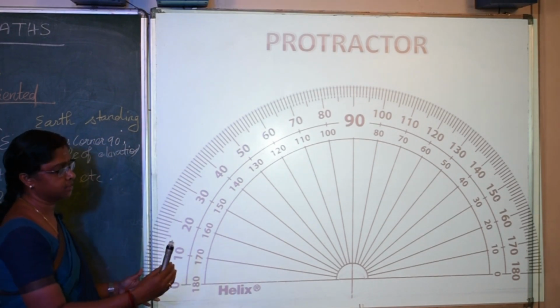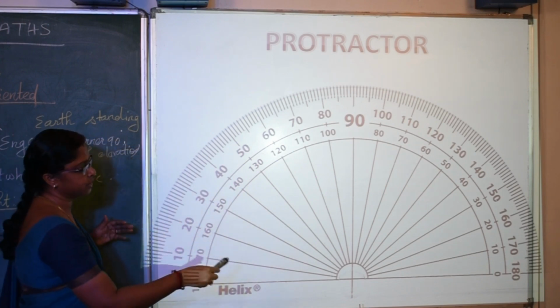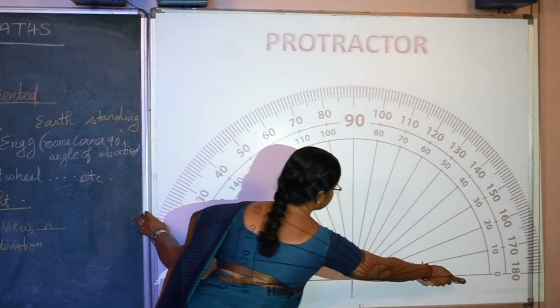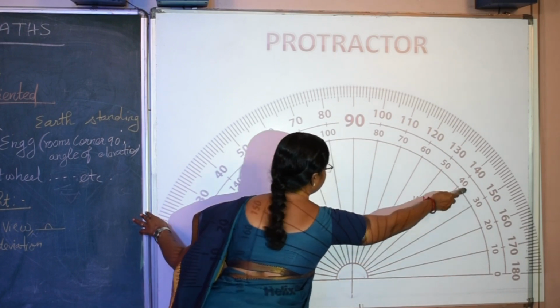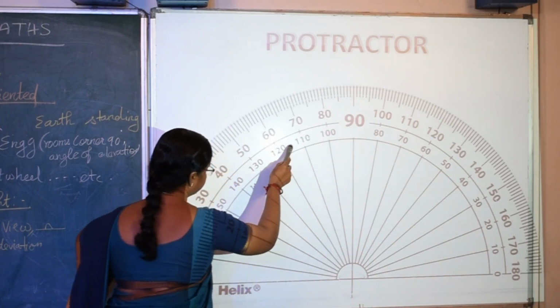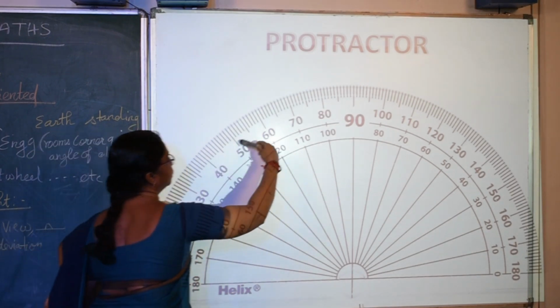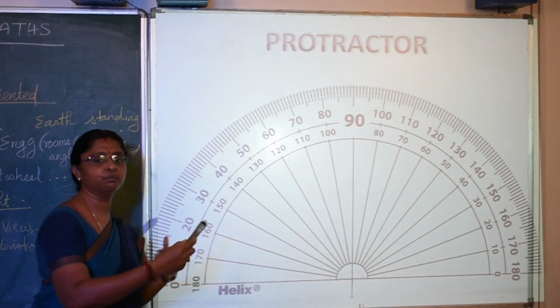Always we have to measure only from the right side. If you see this 0, it starts from the right side: 0, 10, 20, 30, up to 180 degree. It also moves from left, from 0 to 180. It moves from both sides.